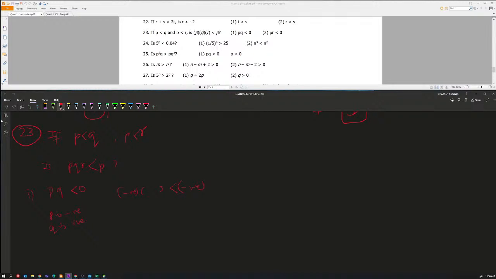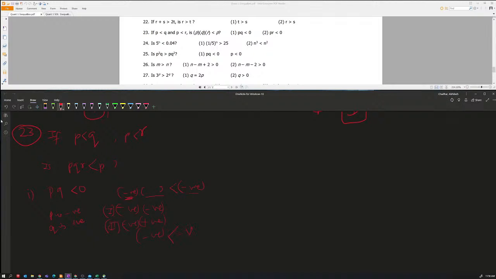We just know the signs, which is minus, minus. And what happens if R is negative? Minus into minus is plus, right? So that is negative and negative. This is condition number 1. And when there is condition number 2, then it is negative into positive, which is negative, right?